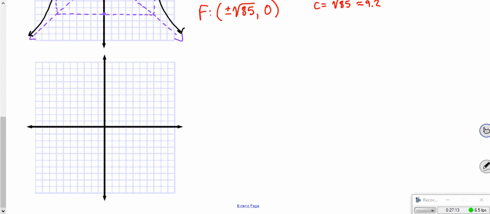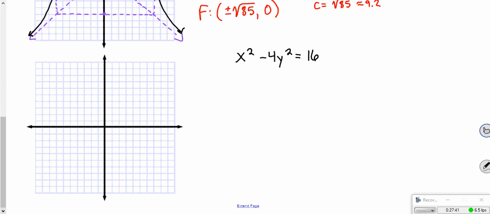Okay, I have x squared minus 4y squared equals 16. Now, on this one, obviously it's not in standard form of a hyperbola. So in order to get standard form, our constant on the right side of the equation has to be a 1.